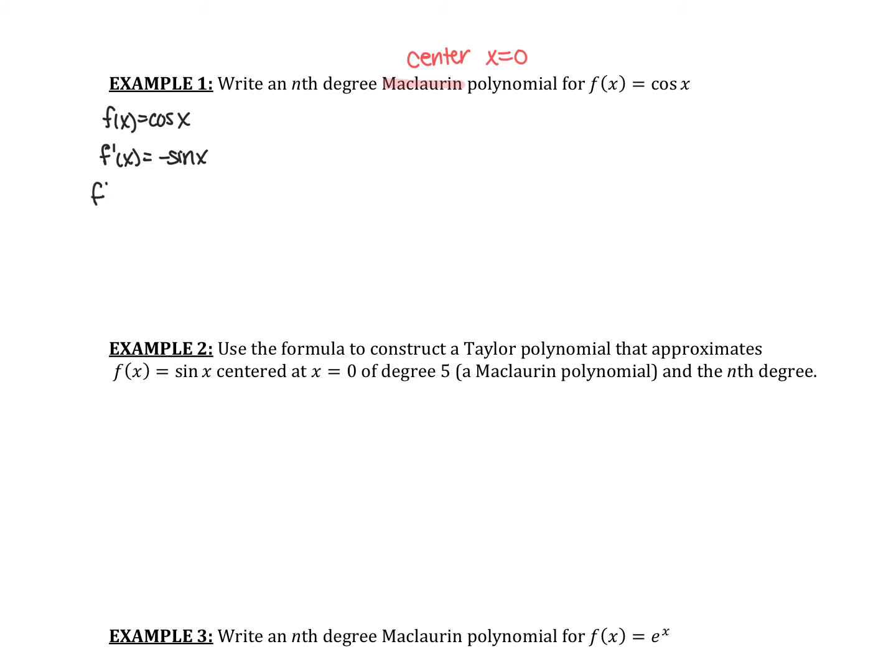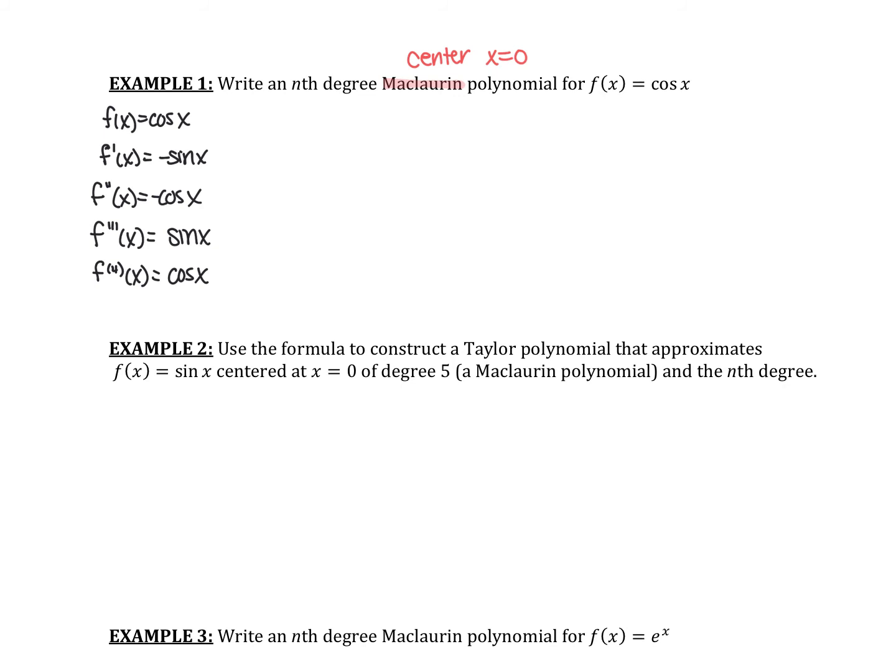The next derivative would be negative cos x. The next derivative would be sine of x. And I'm going to take one more derivative, just so I can see the pattern. The derivative of sine of x is cosine of x, and I'm back to where I started.